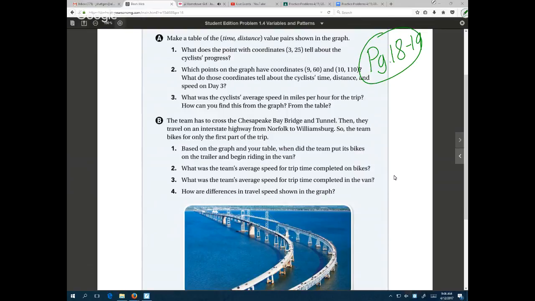So, it's asking you how to find your speed during that hour. Between hour 9 and hour 10, time your speed. In that 1 hour, how much is your speed?